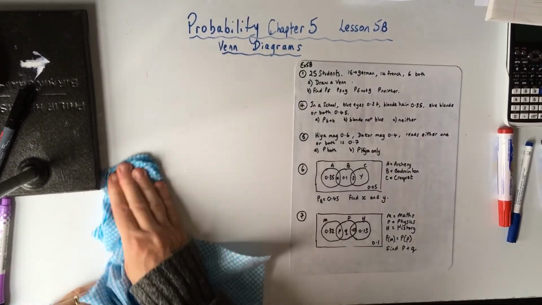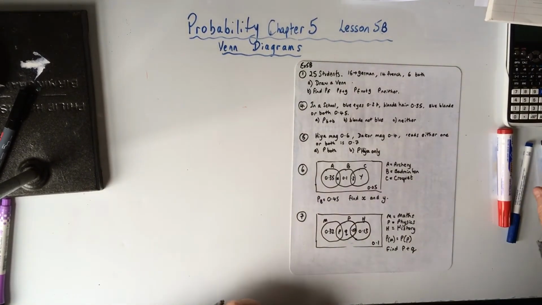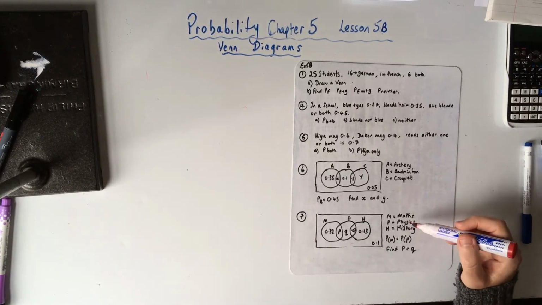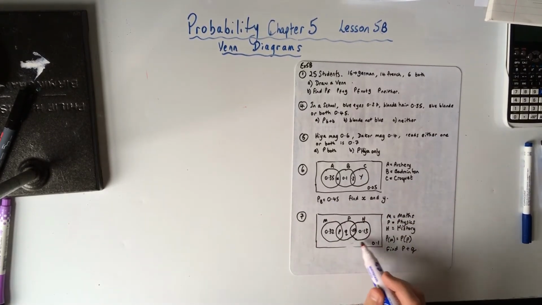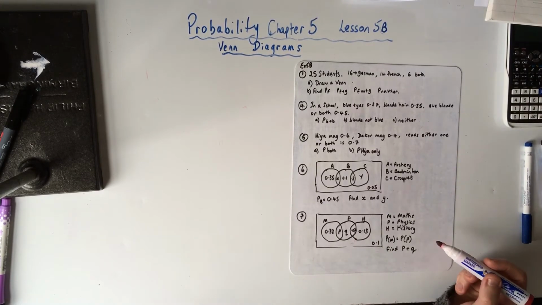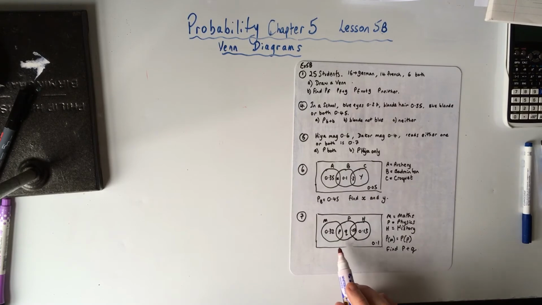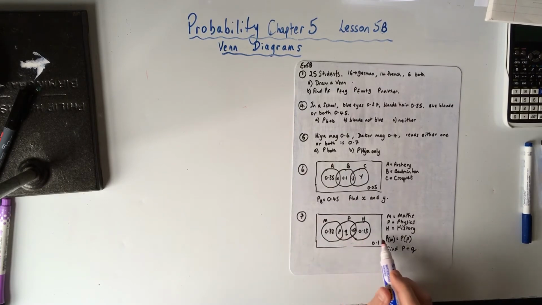And the last one as well, again, it's maths, physics and history. Although why you would choose to study history, I mean, there's no future in that, is there? So those 3 there, and you're given bits that you don't know, but again, it's the same thing.